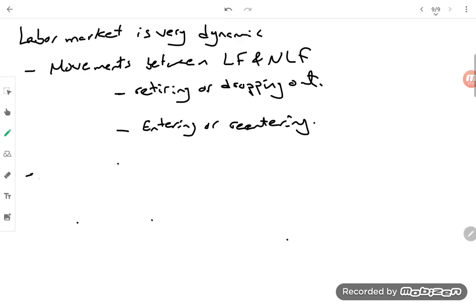And number two, with respect to movement or flow between employed and unemployed. Employed workers become unemployed by quitting voluntarily or being laid off involuntarily.